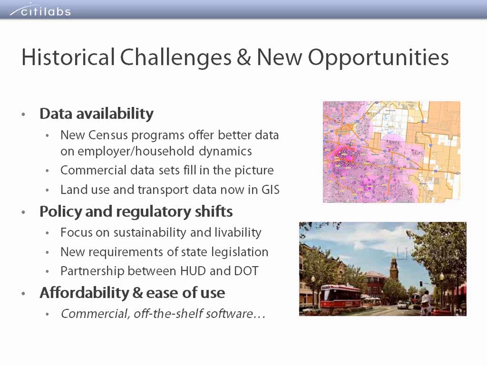And historically, some of the challenges have been things like data availability. And really, this is starting to get addressed by the fact that we have new census programs now, at least in the U.S., such as the Longitudinal Employer Household Dynamics Program, that offer better data on these dynamics and more detailed estimates of where jobs and households are located within our urban regions on a more frequently updated basis than we've had access to previously.